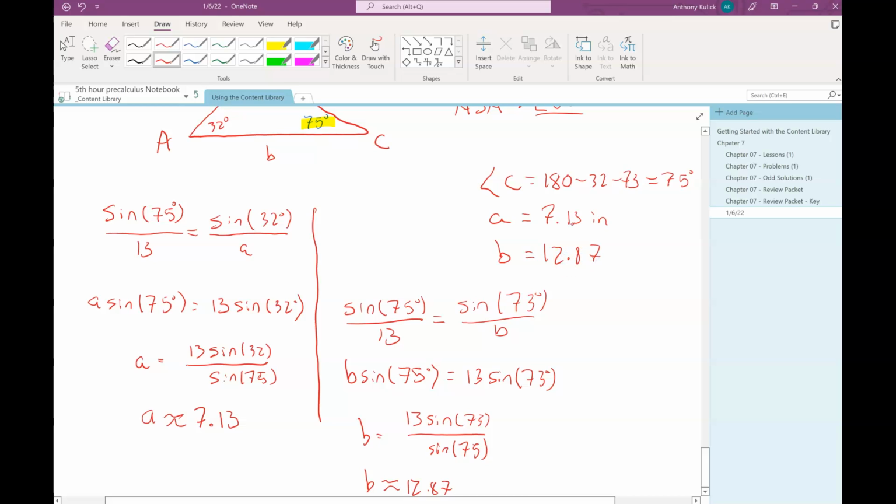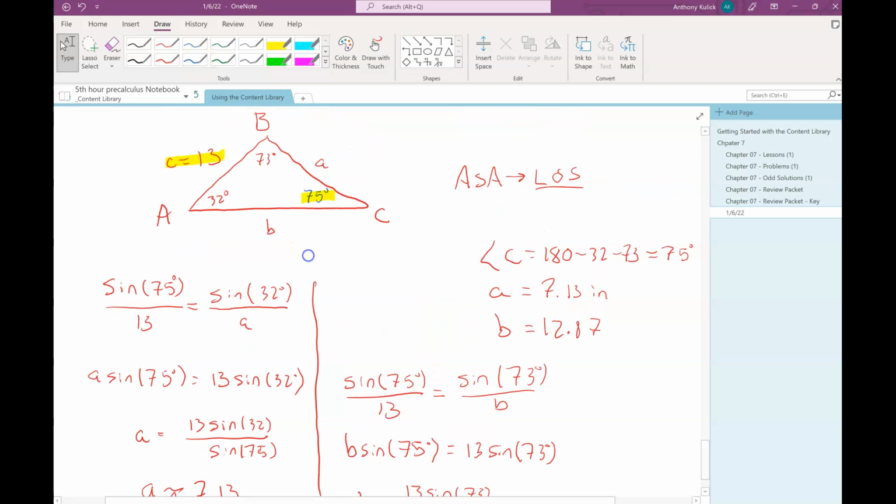I feel okay? And then real quick, just to check things: I got the smallest across from the smallest, the biggest across from the biggest, and the middle across from the middle.